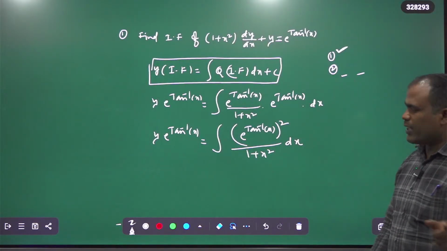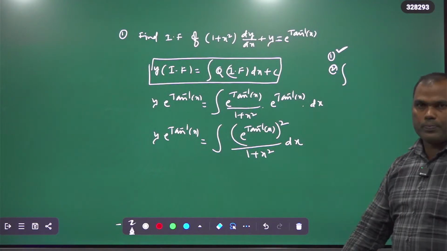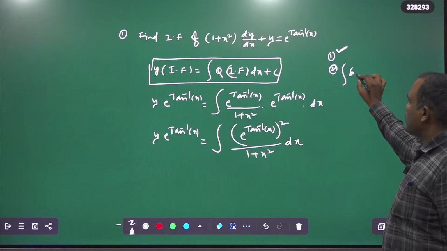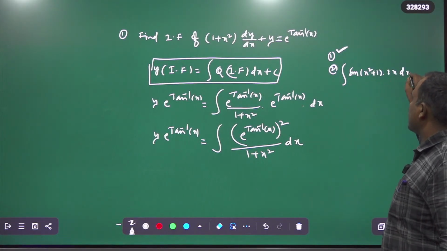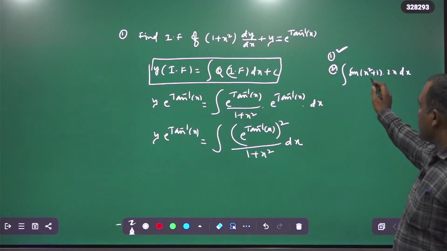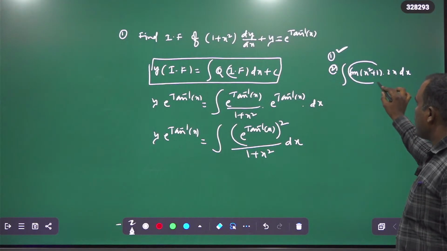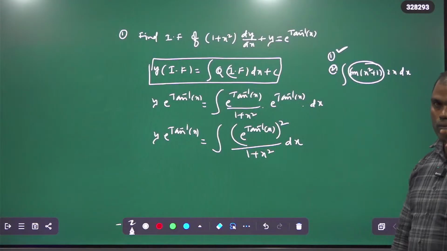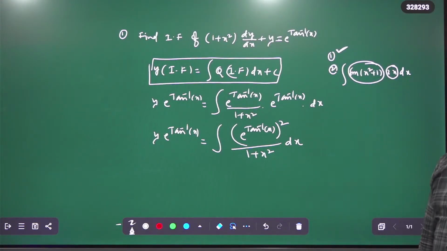For example, the integral of sine of x square plus 1 into 2x dx. Here sine of x square plus 1 is one function and 2x is another function. So in the method of substitution, we have to take a suitable value as t.